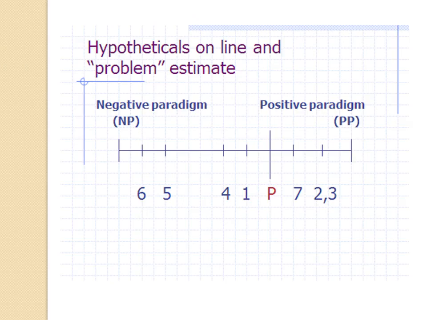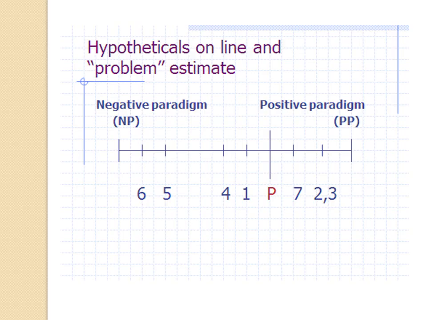Now this is how we will be placing these points. We numbered these points 1 to 7, and according to this line drawing technique, we say that points number 6, 5, 4 and 1 fall in negative paradigm, which would say that they should not include that 5 ppm chemical in the drinking water lake.